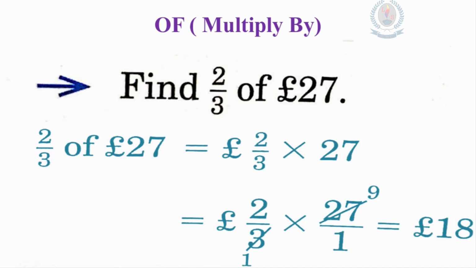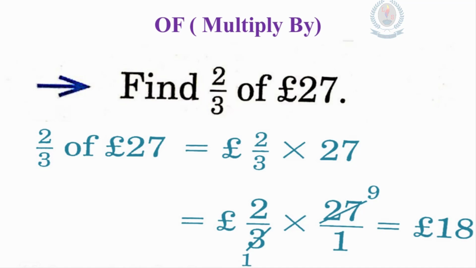27 is a whole number. So the whole number should be converted into a fraction to solve the fraction. So 2 by 3 multiplied by 27 by 1. Now when you look at the first fraction denominator and the second fraction numerator, they can be simplified by 3. So the products that you are getting are 1 and 9.